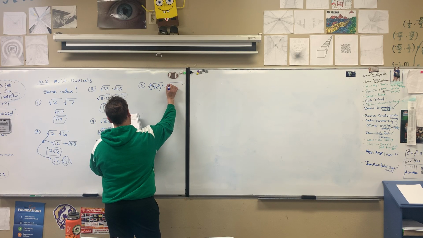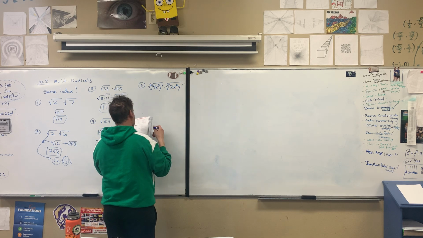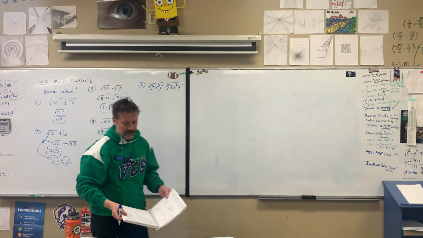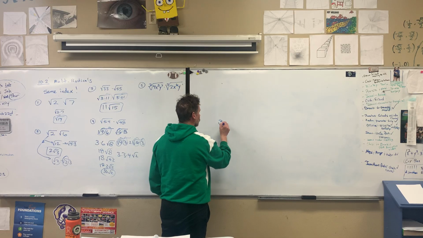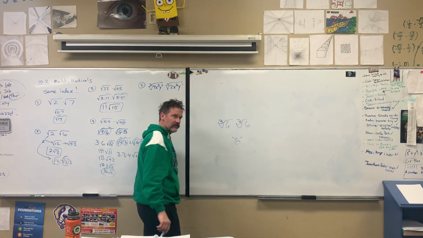In order to combine them, the same index, right? So cube root has to be a cube root. Now, in this case, remember, cube roots, you're not looking for perfect squares. So quick side note, the cube root of 6 times the cube root of 6 is not 6.